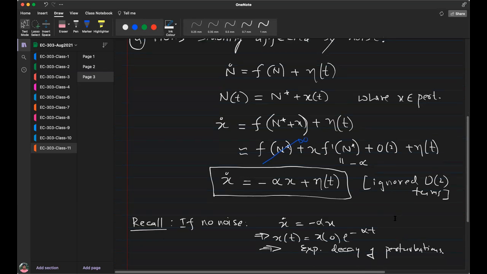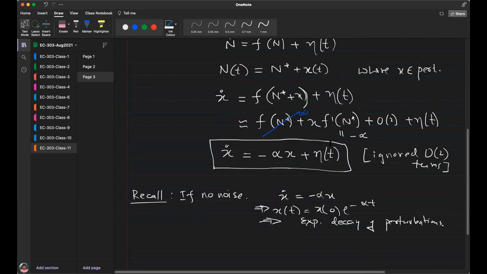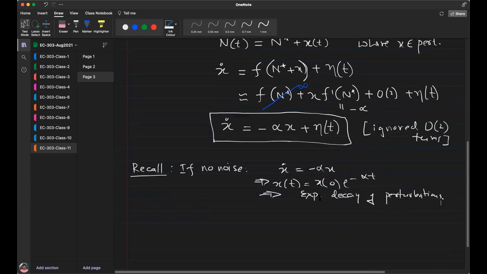Instead, now what happens with the noise? What do you think the noise will do? Will it change the stability? What's your intuition? Do you have any intuition for this?